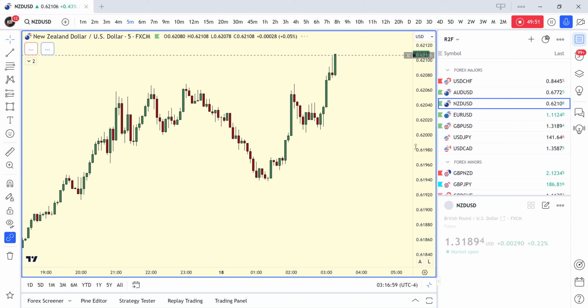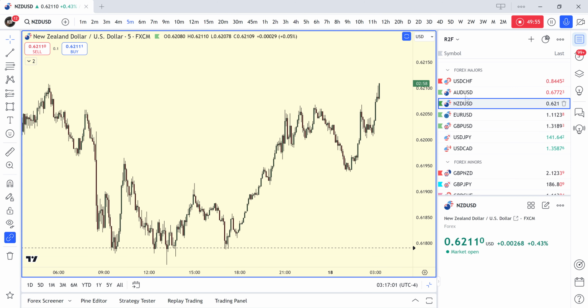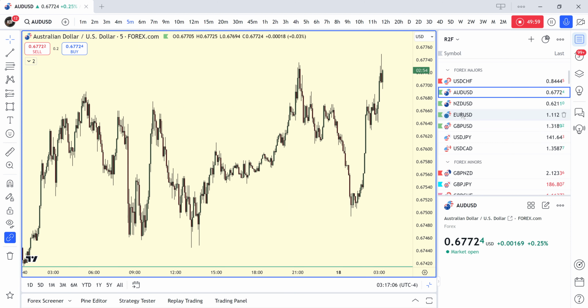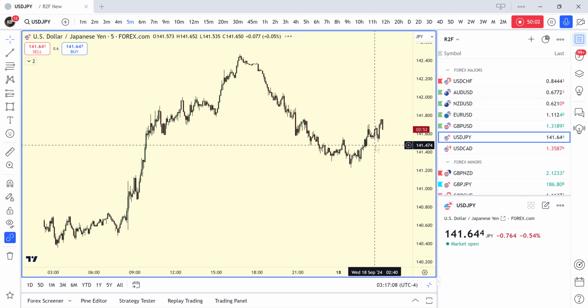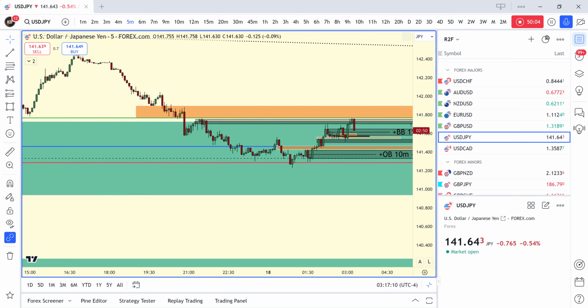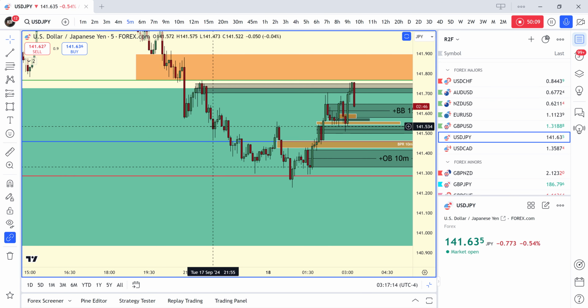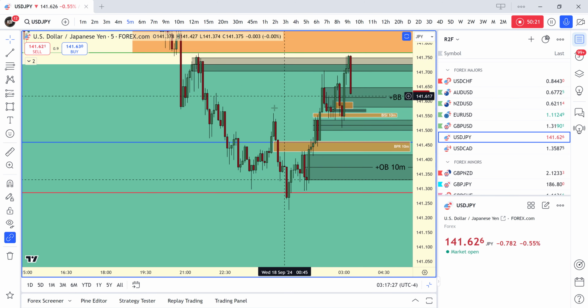There's everything else going for it. Okay, how's my dollar yen doing? All right, it didn't quite make it to the high. Right, so it's not over yet.